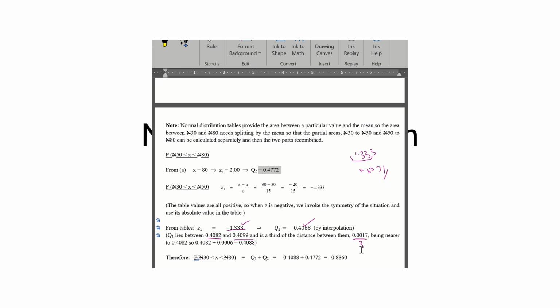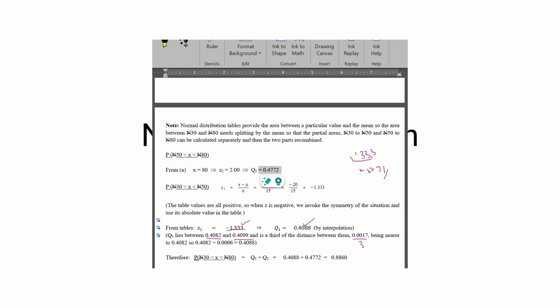If you get a quarter of this, which is 0.0006, and add it to the lower one, which is 0.4082, you get 0.4088. That is how we came about 0.4088 by interpolation. So that's basically how it was calculated.